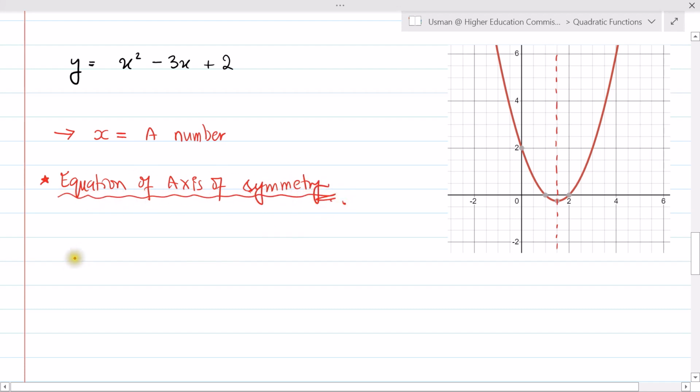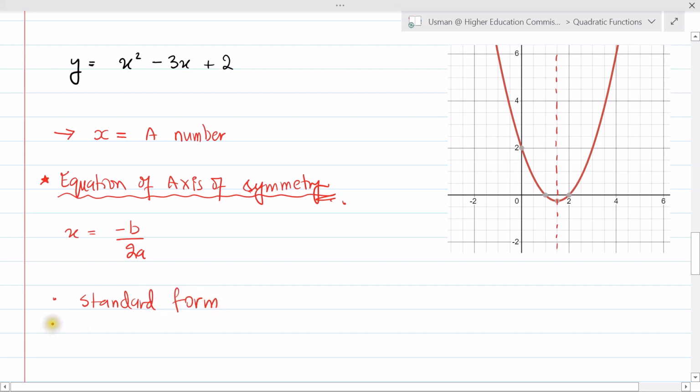The first method of finding the equation of axis of symmetry is by using the formula, x equals minus b over 2a. In order to apply this formula, your equation must be in the standard form, which in this case it is.